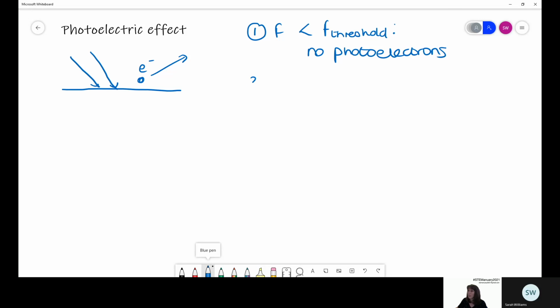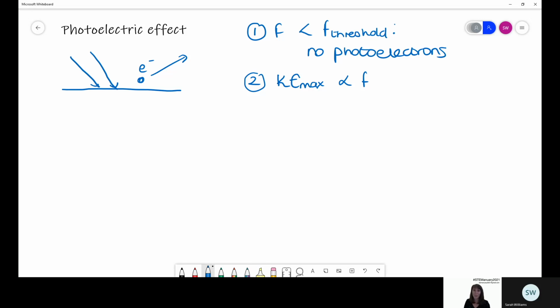The second was that actually, although the photoelectrons being emitted had a range of different energies, there was always a maximum kinetic energy. So the maximum kinetic energy that again was proportional to the frequency, assuming that the frequency was above its threshold frequency.